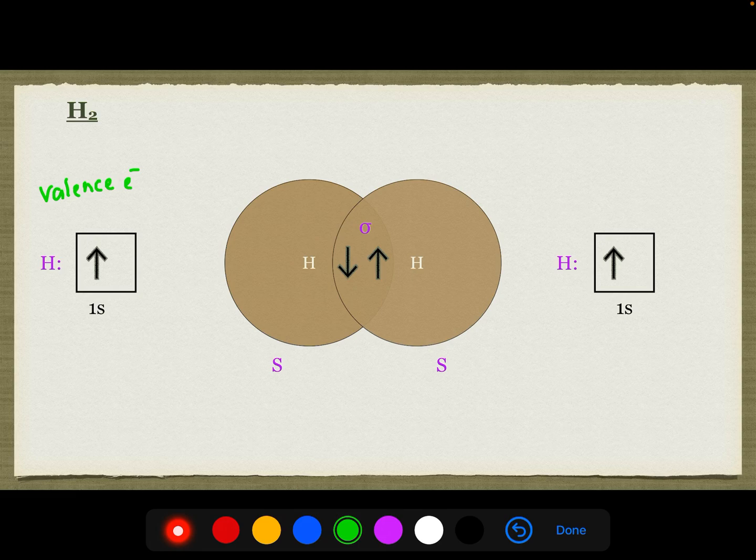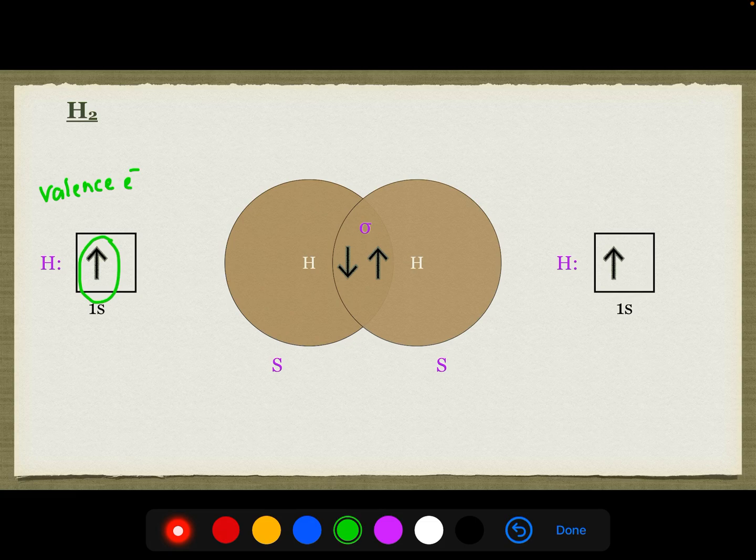Yang terlibat dalam bonding ni biasanya ialah valence electron. So we are going to identify where is the position of our valence electron. So kalau untuk hidrogen tak ada masalah. Hidrogen dia memang cuma ada satu elektron sahaja. So hydrogen, the valence electron is at 1s orbital. Maksudnya pertindihan tu akan berlaku menggunakan s orbital.